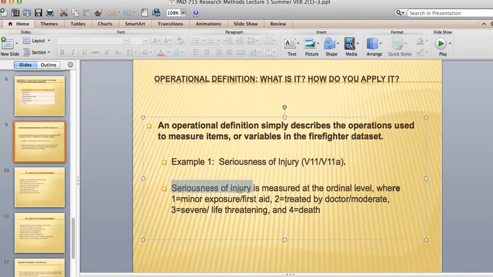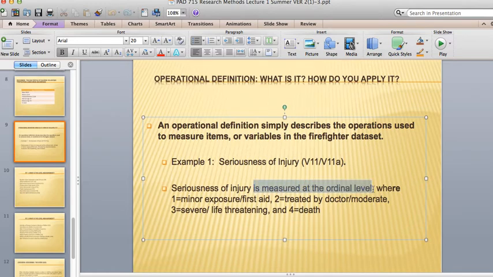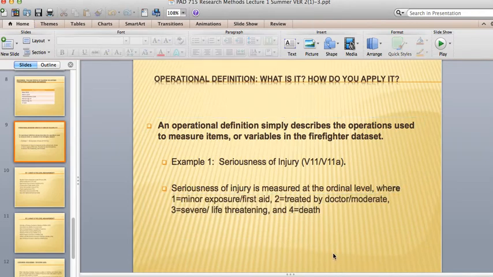Name of the variable, seriousness of injury, level of measurement is measured at the ordinal level, identify how the categories are measured, where 1 is equal to minor, exposure first aid, 2 treated by a doctor, 3 life-threatening, 4 is death. That's the protocol that you will use for this semester in identifying an operational definition.